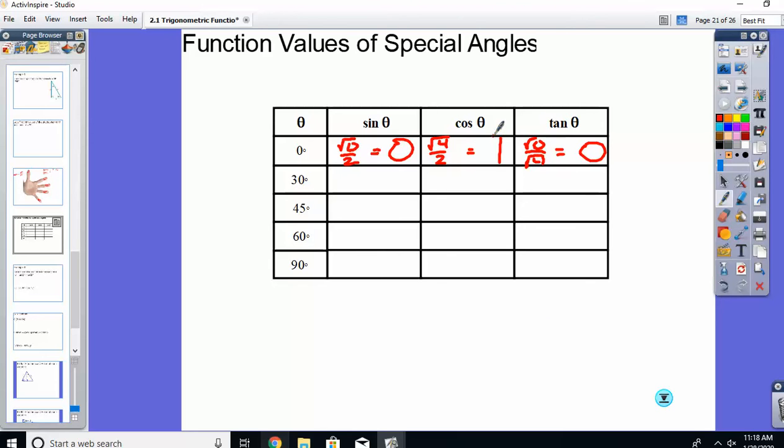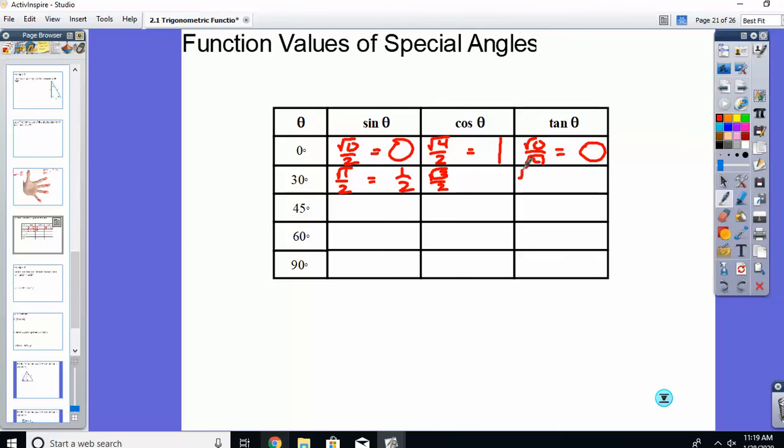0. Okay, 30. Fold in your 30. So sine will be the square root of 1 over 2, which is 1/2. Cosine would be the square root of 3 over 2, which does not reduce.